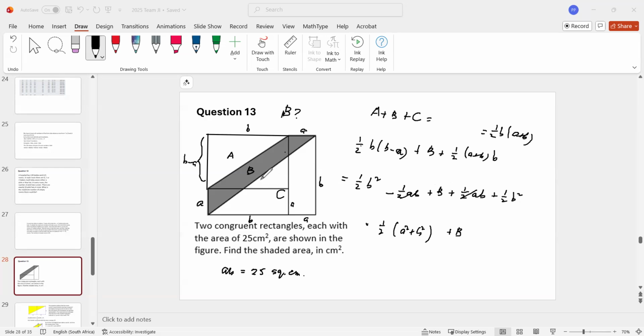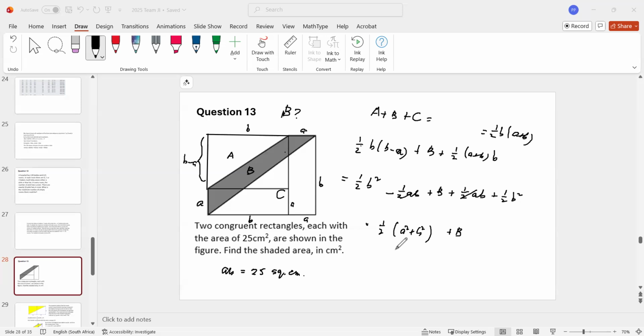So we must find the area of the shaded area. Oh, I see. Yeah.